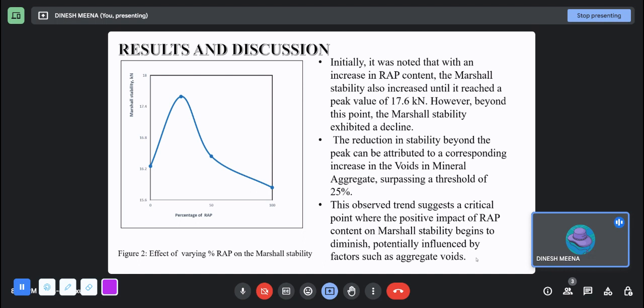The reduction in stability beyond the peak can be attributed to a corresponding increase in oil in mineral aggregates surpassing the threshold of 25%. This observed trend suggests a critical point where the positive impact of recycled asphalt pavement content on Marshall stability begins to diminish, potentially influenced by factors such as aggregate weights.